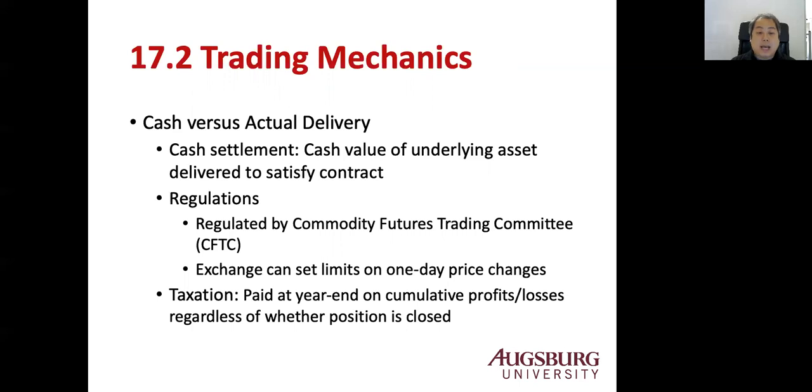You have to pay tax based on the year-end cumulative profit and loss. It doesn't matter whether this position is closed. So you just compare the year-end price, year-end cumulative profit and loss, and pay tax. So that's how to trade futures.